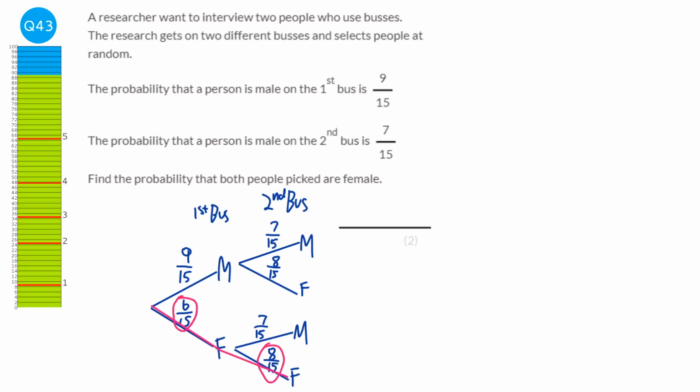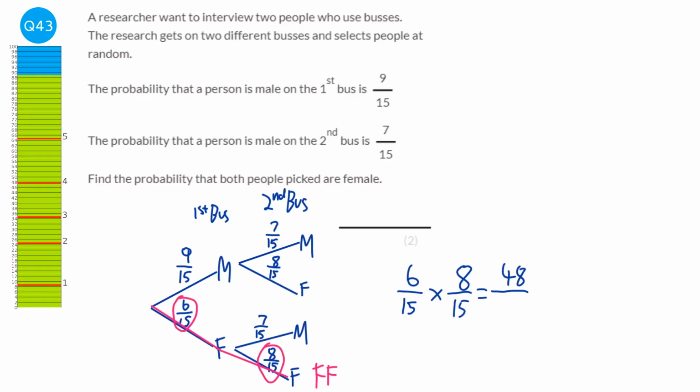The word "and" in probability means times. So whenever you're finding the probability of getting to an outcome, so this outcome would be FF, because they're both female, you are multiplying the fractions that you go across. So it would be 6/15 times 8/15. So 6 times 8 is 48.